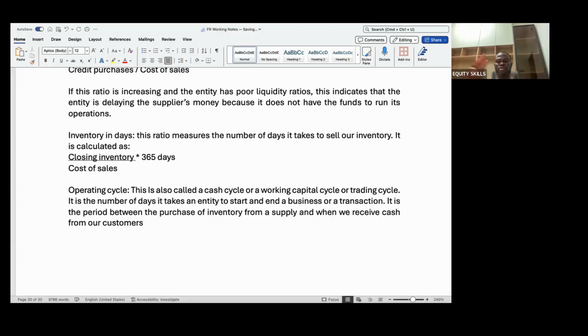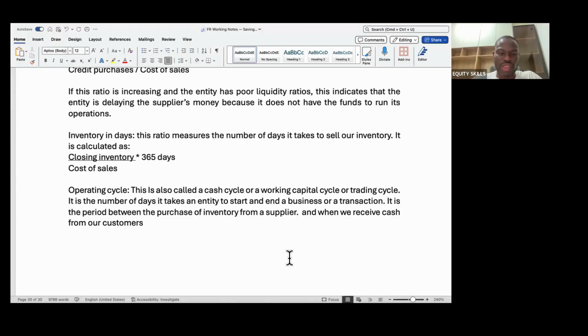So the period between when you purchase inventory from a supplier and when we receive cash from our customers, of course, which ultimately we are going to use to settle our supply, that period is an operating cycle.